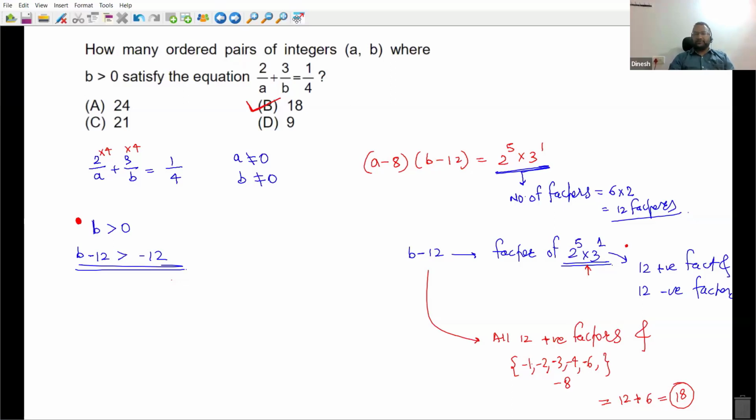Yes, everyone, are you getting this? Sir, in these type of questions, we need to do this manual step, right? Yes. Need to do manual counting.